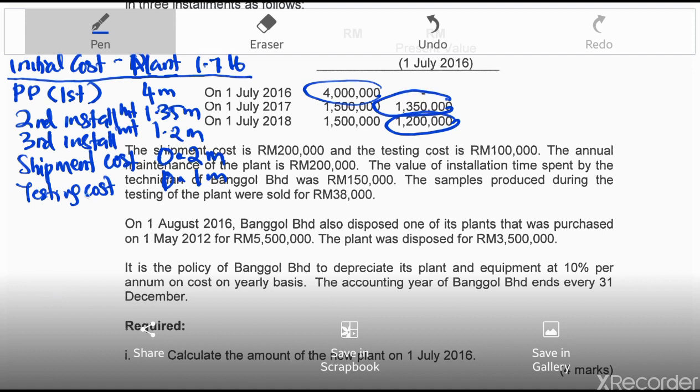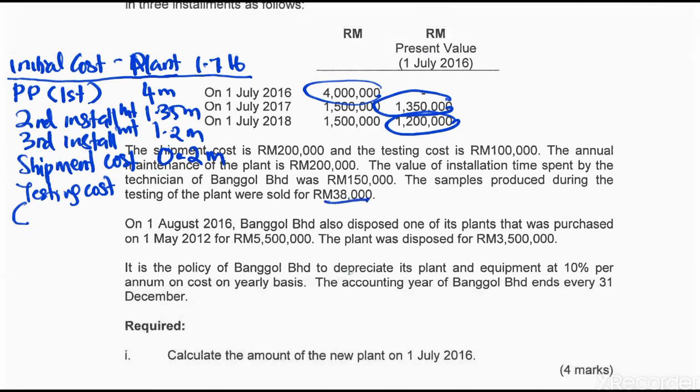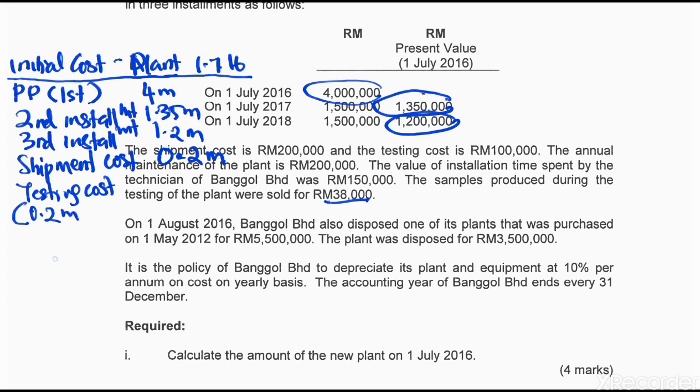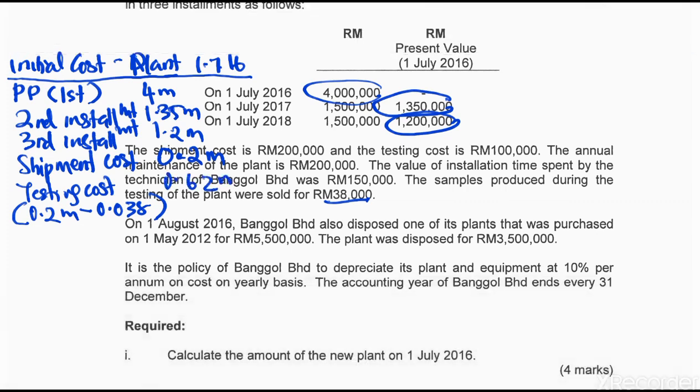And then you are also informed that this testing also included this 38,000 that relates to the sample produce. So the testing that you have incurred, 0.2 million or 200,000, you need to deduct 0.038 because that one has to be excluded from the initial cost.